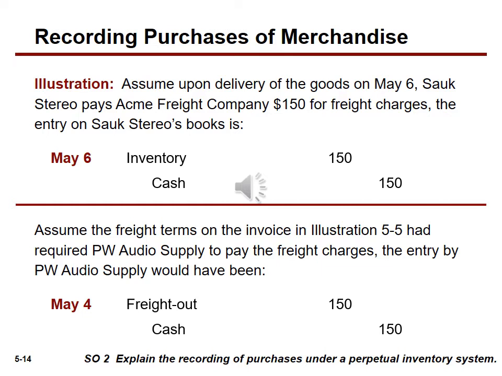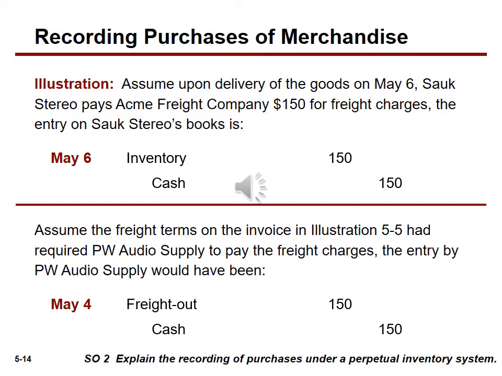So here in this scenario, we are assuming that the term of sale is FOB shipping point, and the customer in this case, or the buyer, which is Souk Stereos, is going to be paying for the shipping expenses.